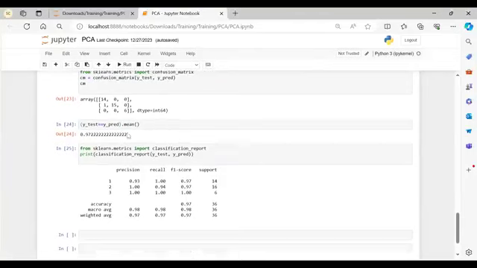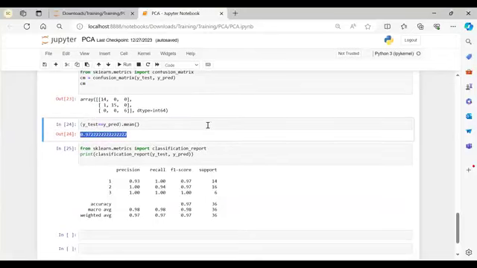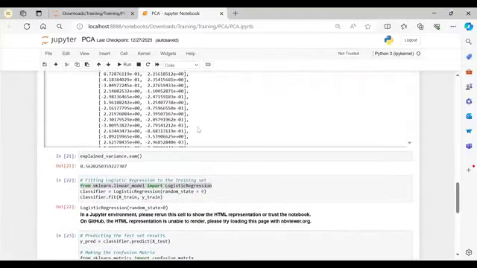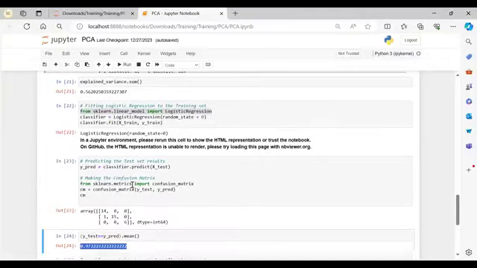And look at this, on the test data I'm getting 97% accuracy. Now you will say that only 57% of the variance has been captured, but how are we getting 97%? As I said yesterday, in your raw data there could be a lot of noise. It's not that you have to consume the entire data for your model training.